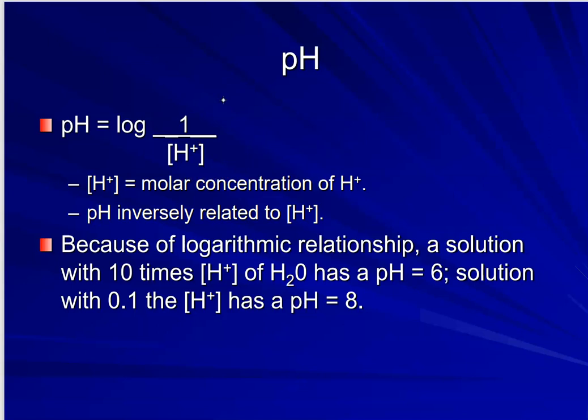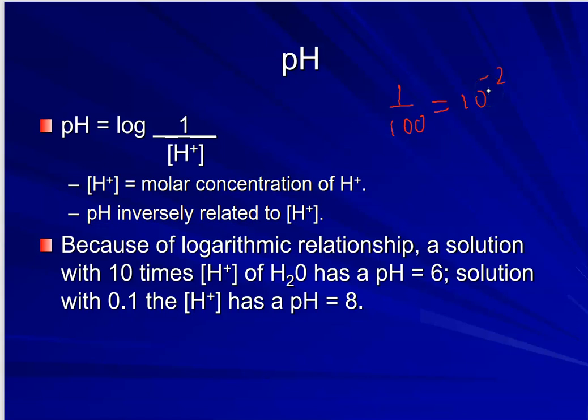So let's take a look at this. If I have a hydrogen ion concentration of, let's say, 1 in 100 molecules in my beaker as a hydrogen ion, so 1 over 100, that's the same as saying 10 to the minus 2.